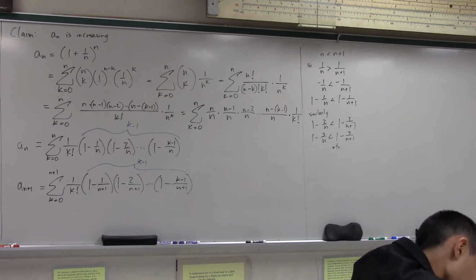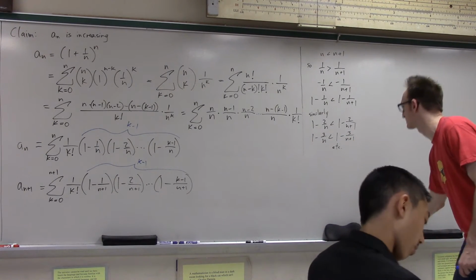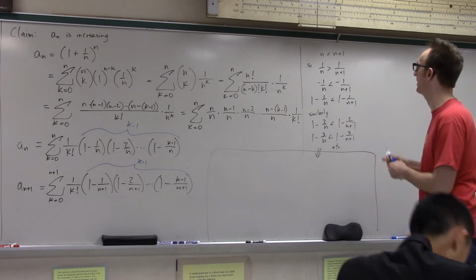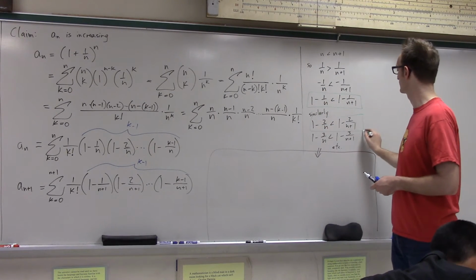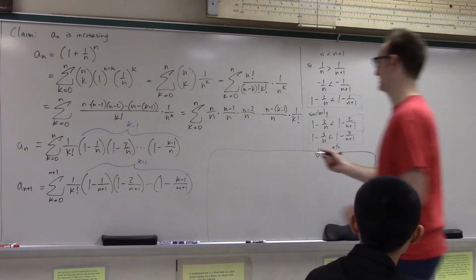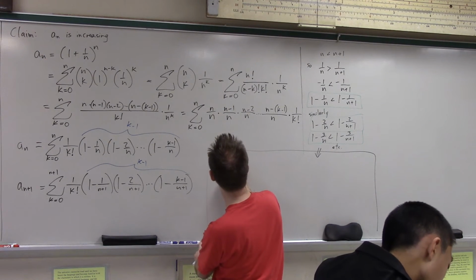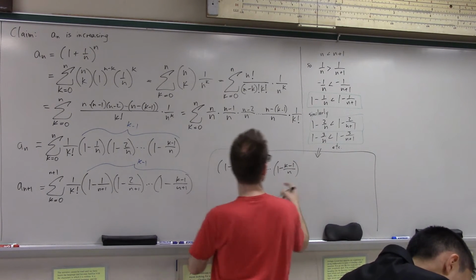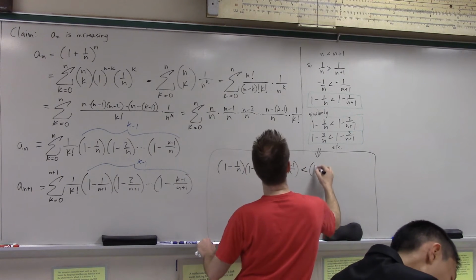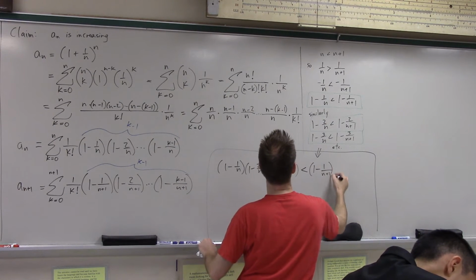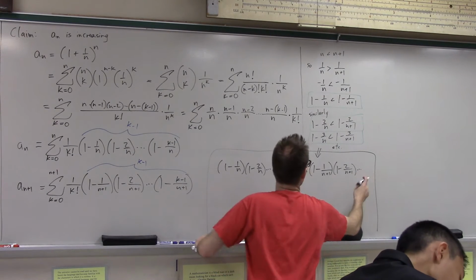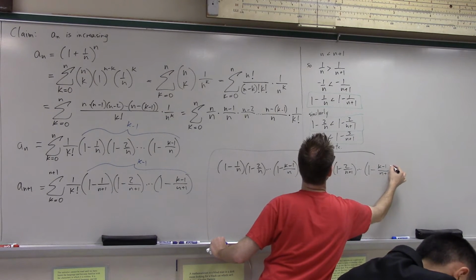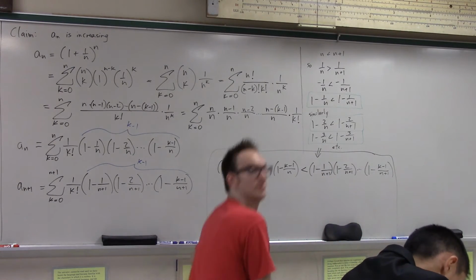So if you put that all together, the conclusion of this is, now if I take each of these inequalities and just multiply them, then it's clear that overall, 1 minus 1 over n times 1 minus 2 over n all the way to 1 minus k minus 1 over n is going to be less than 1 minus 1 over n plus 1 times 1 minus 2 over n plus 1 all the way to 1 minus k minus 1 over n plus 1. Who's with me? I agree. Just multiplying all those inequalities.